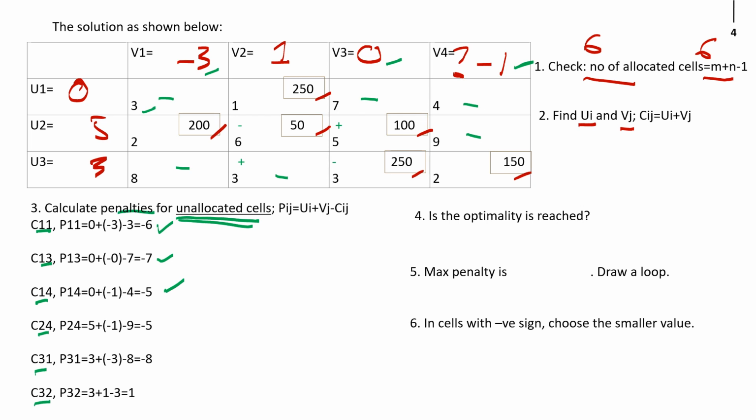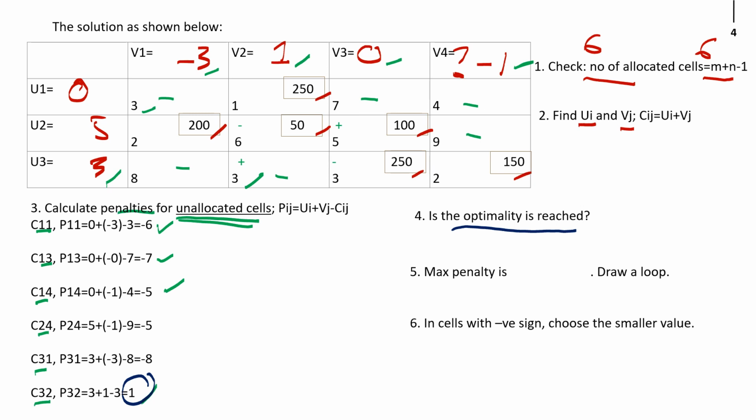And if I do until the last one, C32, the penalty is 3 plus 1 minus 3 is 1. Okay. The next step is to check whether optimality is reached. Now we have a positive here, meaning that our solution is not optimal.